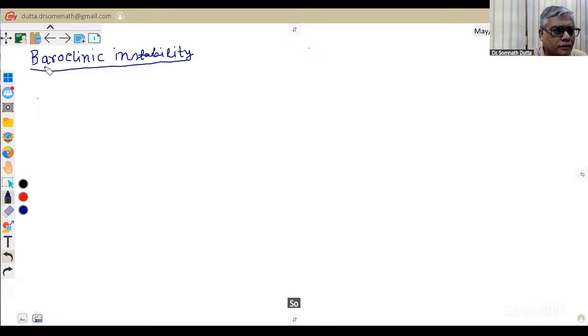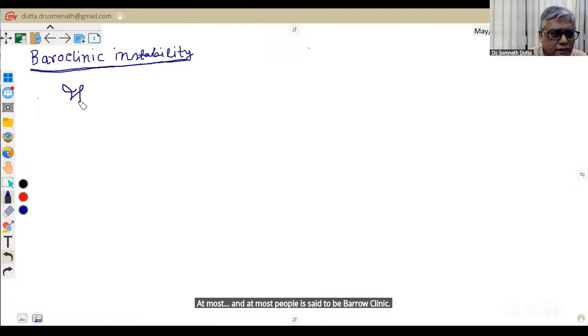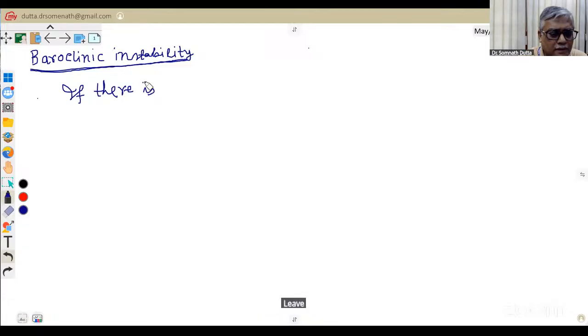So, before baroclinic instability, I should tell what a baroclinic atmosphere is. An atmosphere is said to be baroclinic if there is a horizontal temperature gradient.